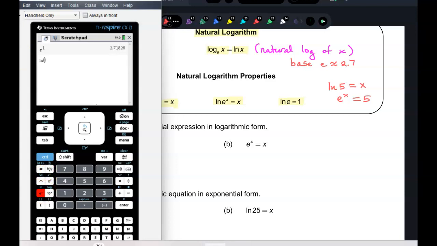To get natural log on the calculator, it's the control and then the e to the x button. I get about 1.6. That means e to the 1.6, or 2.7 to the 1.6, equals around 5. So e to the 3.1 equals something.